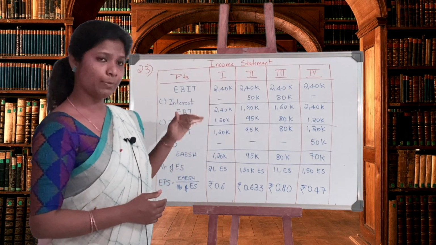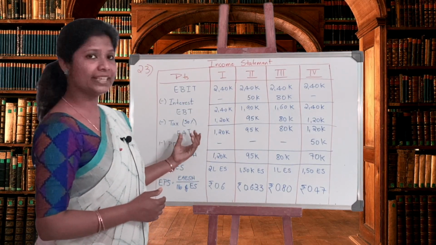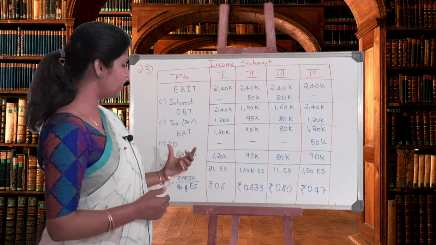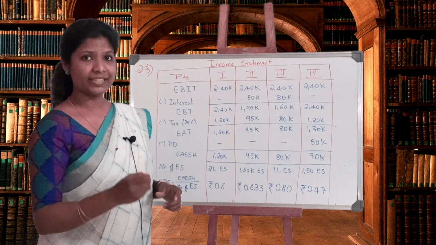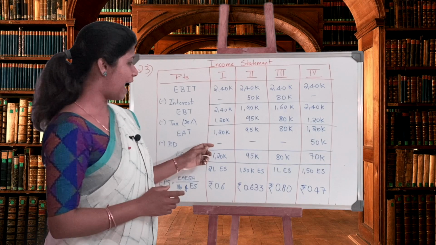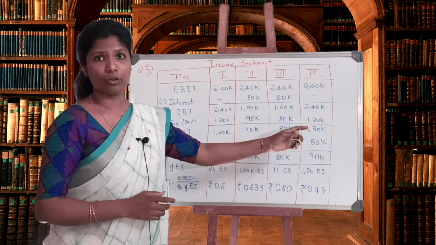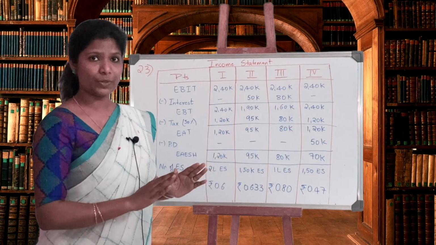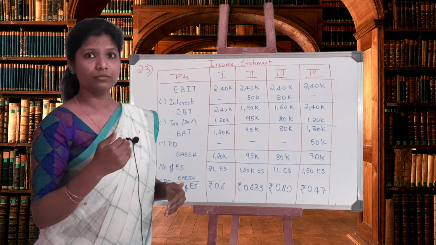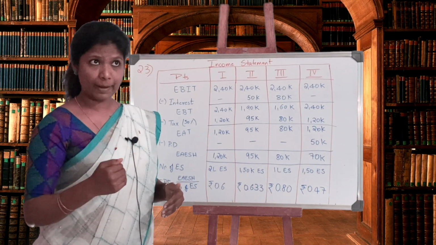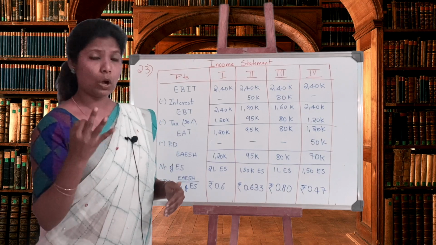So the same 50% will be carried forward for earnings after tax. Then we deduct preference dividend, which is only available in the final plan, the fourth plan. Existing also we don't have preference, nor in the upcoming preference share capital for all the other three plans.